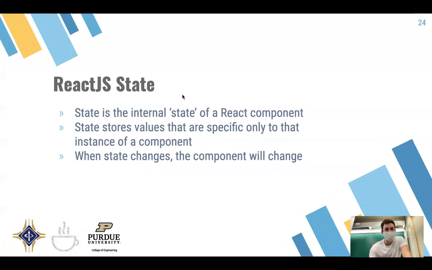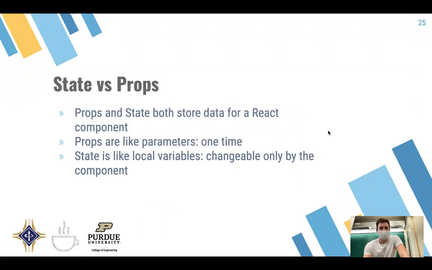Anyways, state, like the name suggests, is the internal state of a component. It's like a local variable, but the special thing is that it's specific to only that instance of the component. It's not shared between all instances. And when the state changes, the component will change, which is really nice. State versus props: we just learned props.